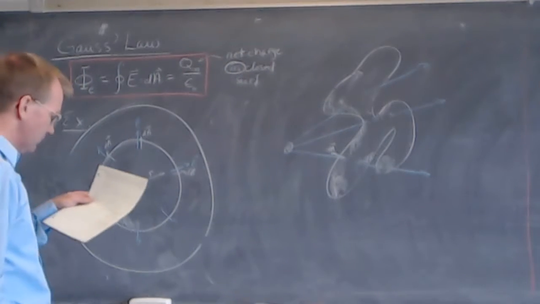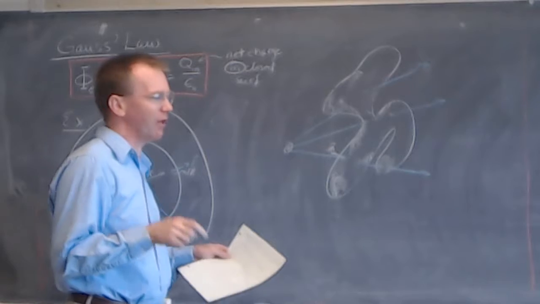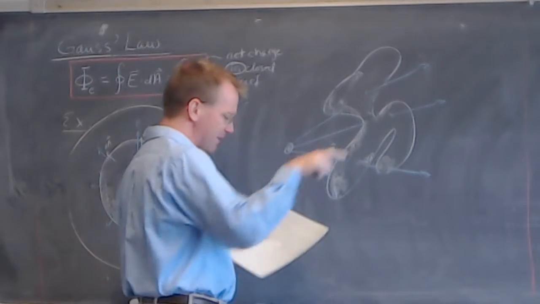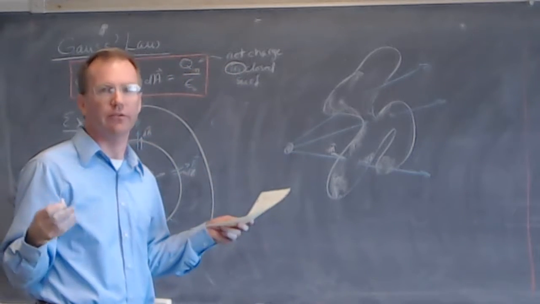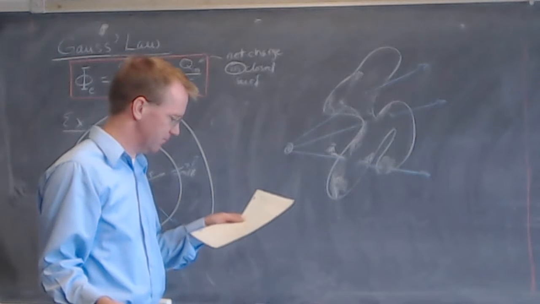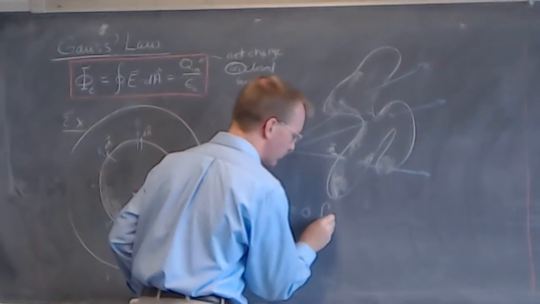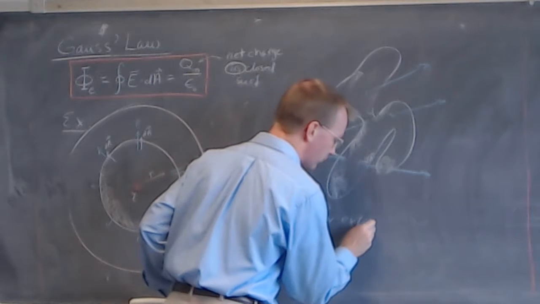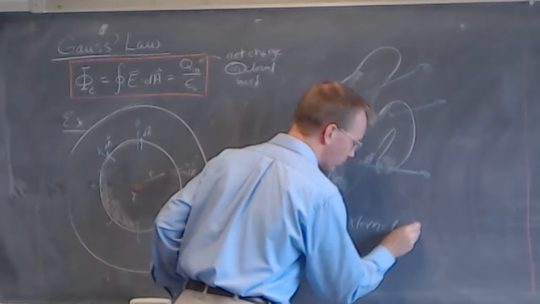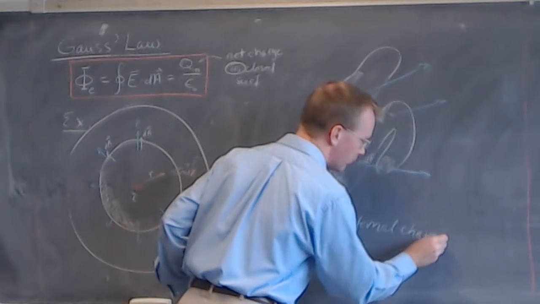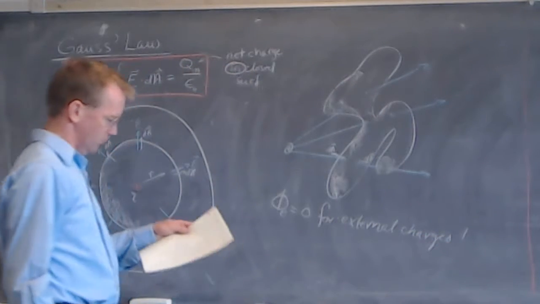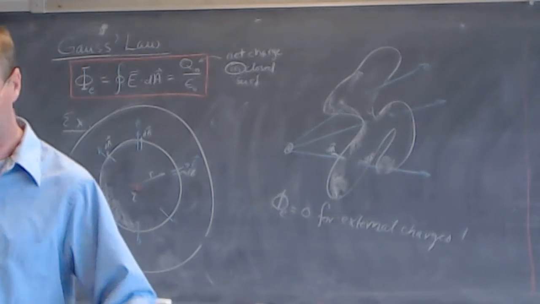So, since the same number of lines enter the surface as leave it, the net flux is 0. Okay, that's an important point.